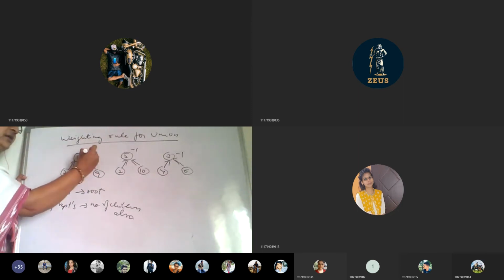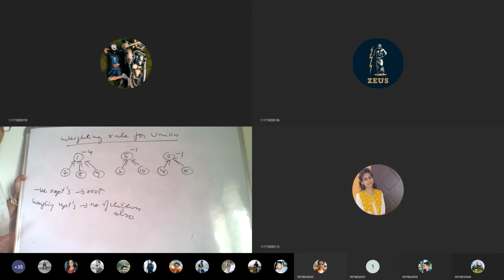Then along with the minus we write -3, and including the root also we can write 1, 2, 3 and including this it's 4. So the weighing rule says the number of nodes connected to that root node, including itself, that value will be given. So 4 represents that there are 4 nodes here, and negative represents it's a root.